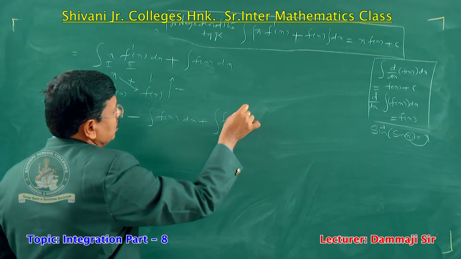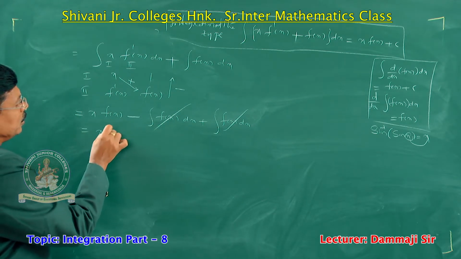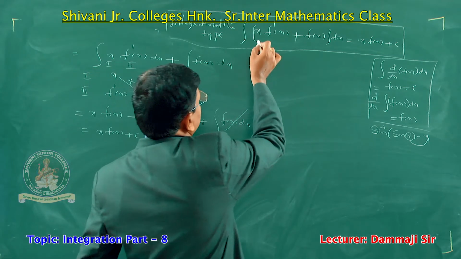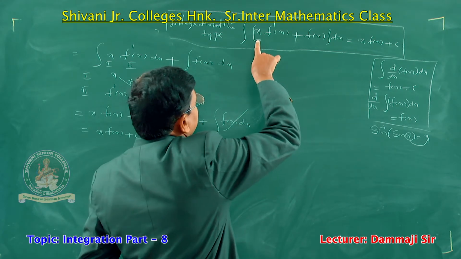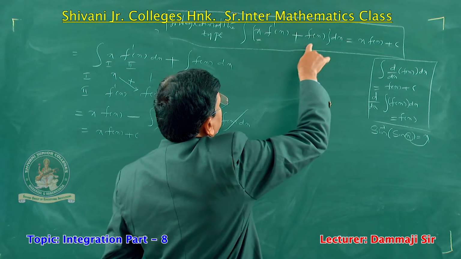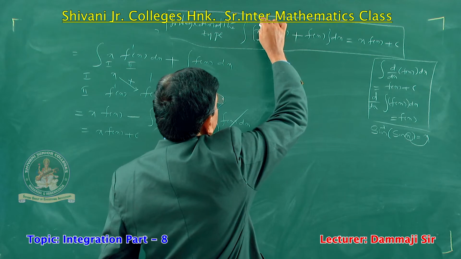So this is one of the formulas; just remember it as a tip. The derivative of x f of x gives the f dash formation, and you have the result.